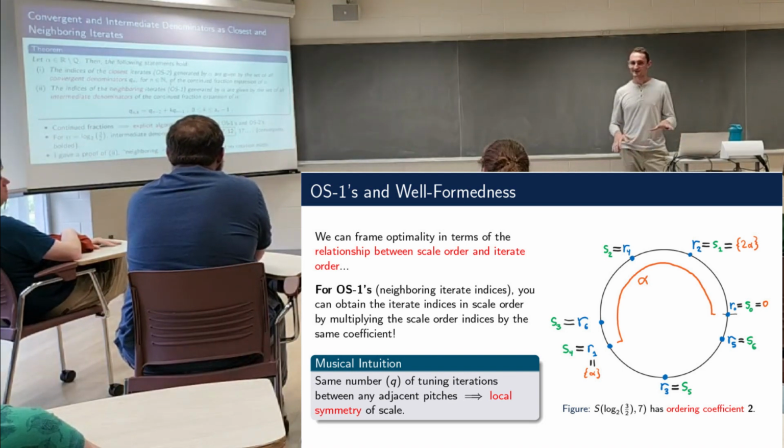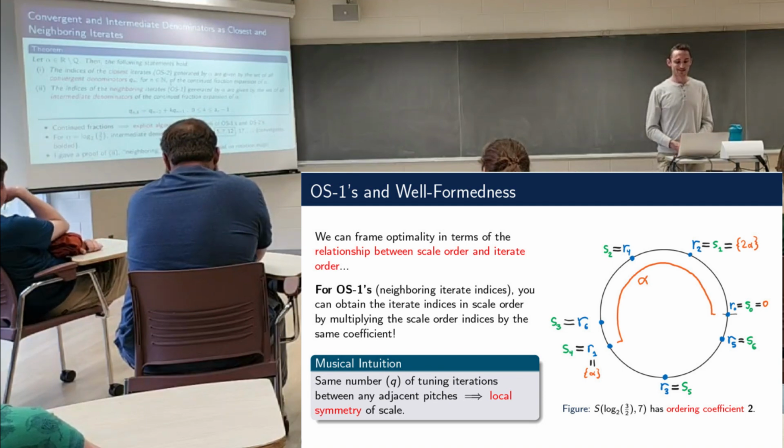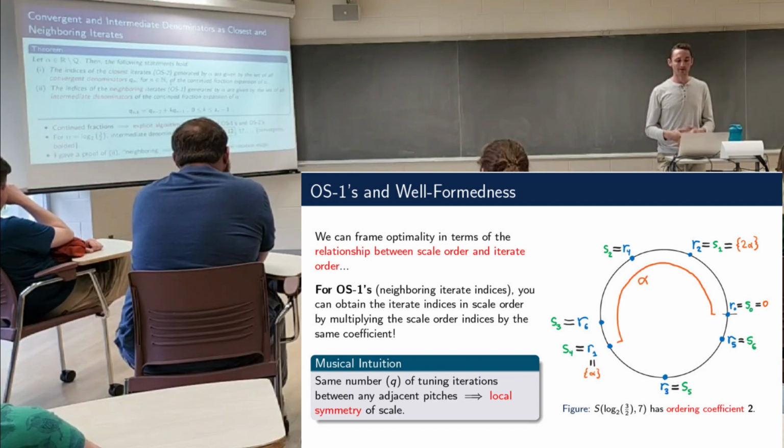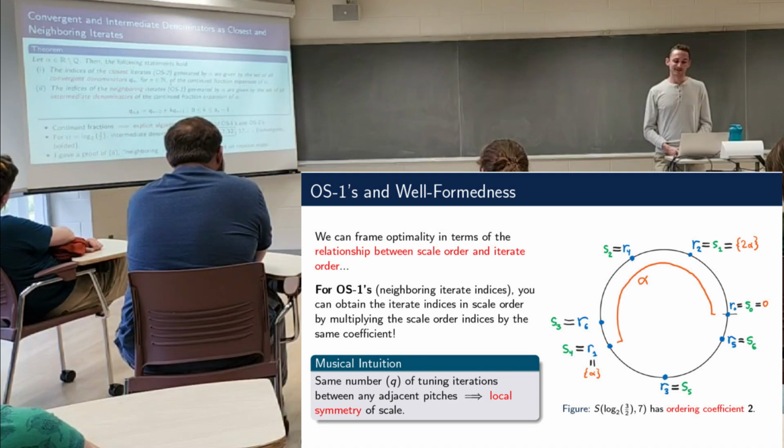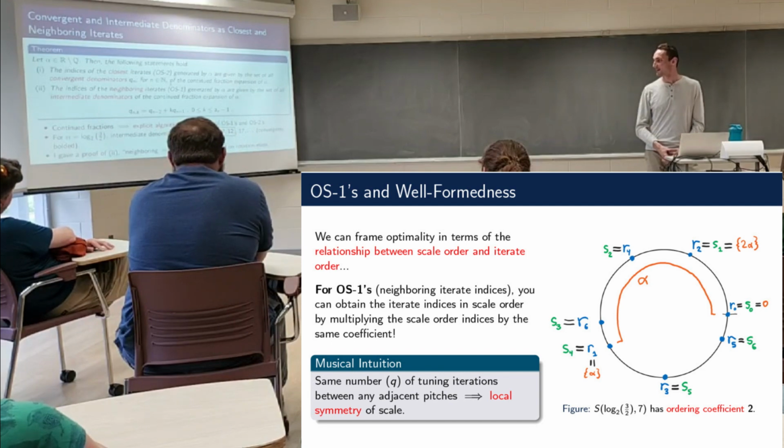I'm not going to go too much into the intuition about intermediate denominators, etc. But what we can get from this is that continued fractions provide an explicit algorithm to find sizes of optimal scales of both kinds, which is cool.